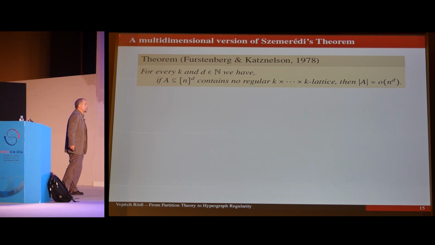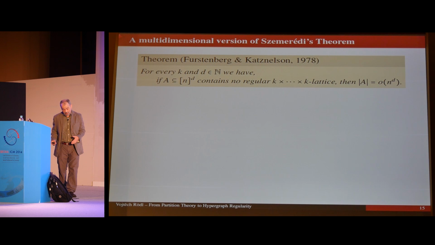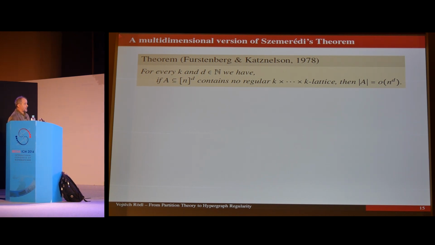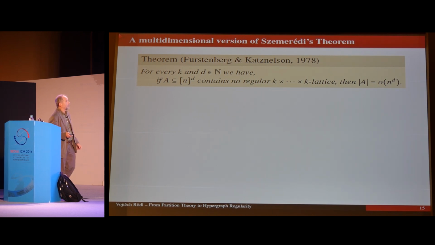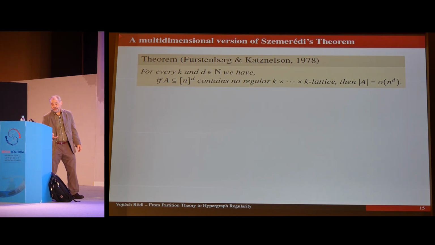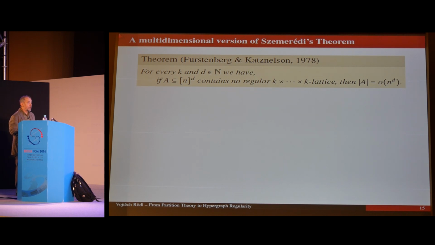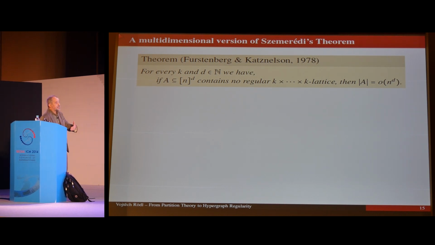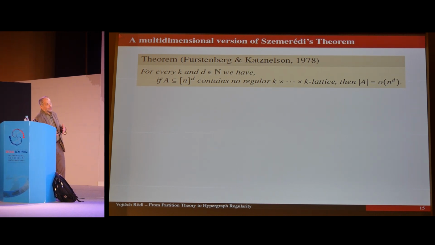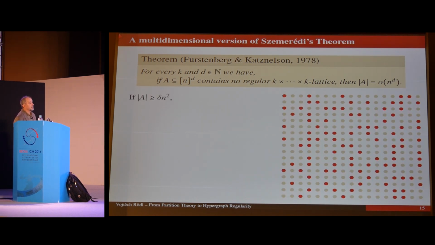A similar connection can be established in the multidimensional version of Szemerédi's theorem, which was proved by Fürstenberg and Katznelson. That says if A is a subset of the d-dimensional lattice which contains no regular k to the d-dimensional sublattice, then cardinality of A is little o of n to the d.